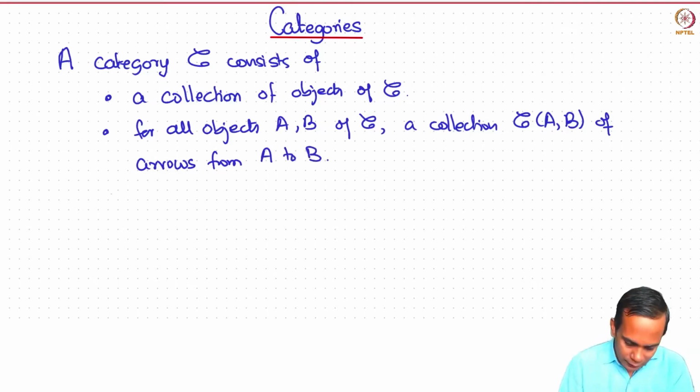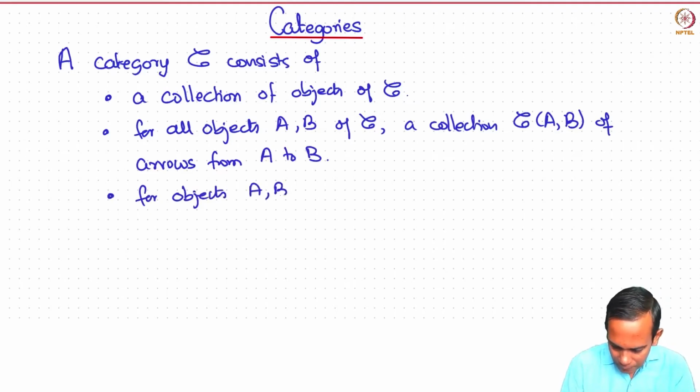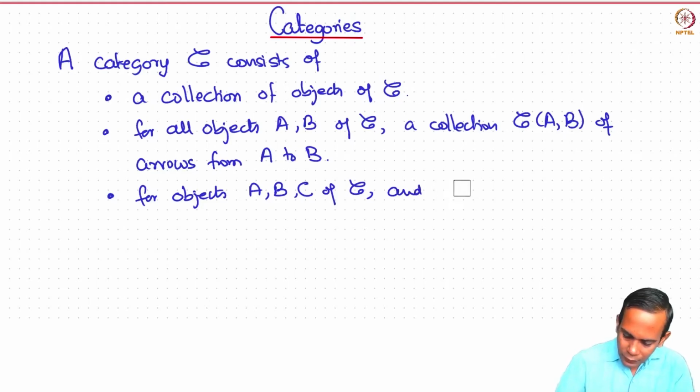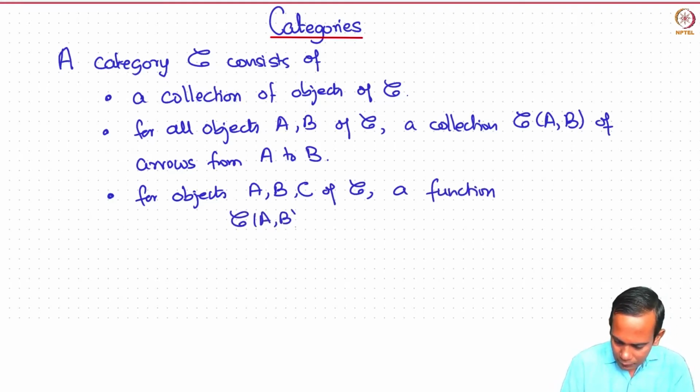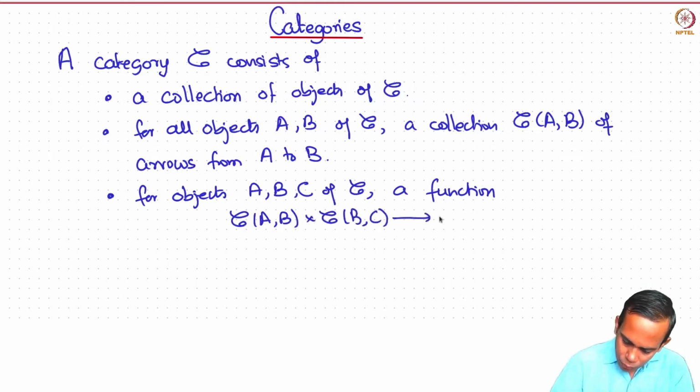And the third piece of data that we're given is, for objects A, B, C of the category C, a function F from C(A,B) cross C(B,C) to C(A,C).